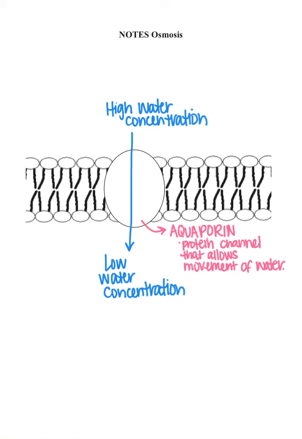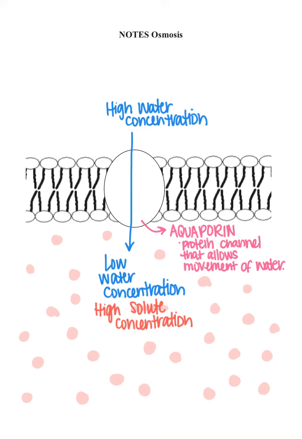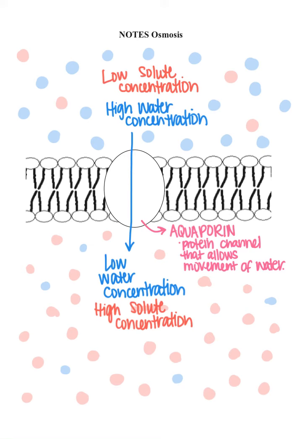So remember, anywhere you have a high solute concentration, you're only going to have room for a low water concentration. Wherever you have a low solute concentration, you're going to have more room for a high water concentration.